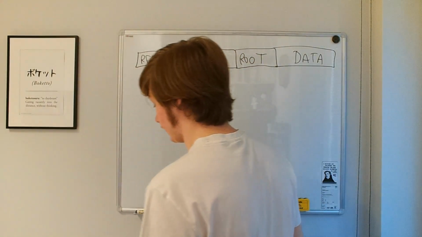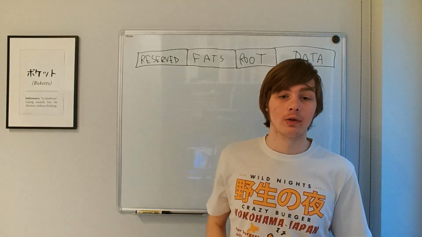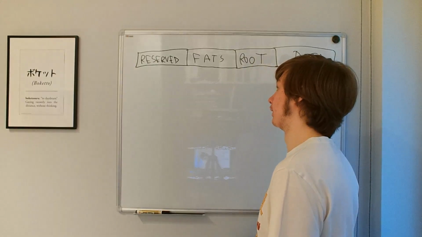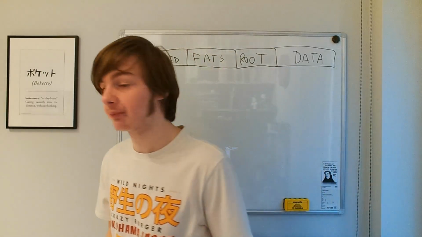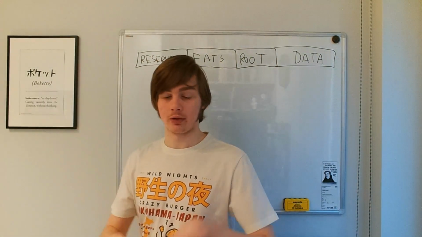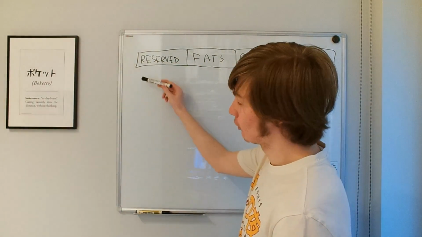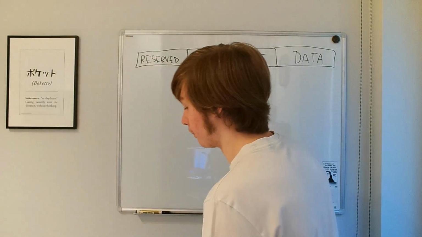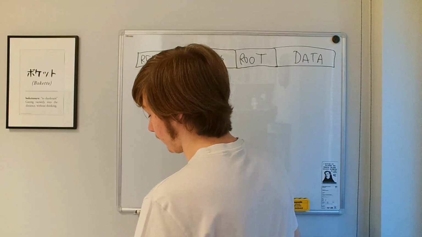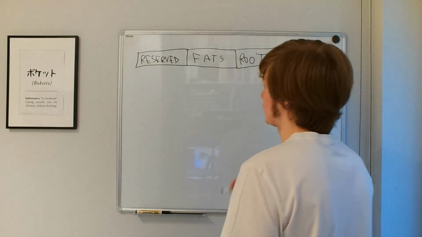In fact, one of those, not only in FAT but also in other file systems like NTFS, the New Technology File System, is something called the BIOS parameter block, or BPB. If you check the documentation of FAT, you'll see what sort of information is stored in the BIOS parameter block. A couple of useful bits of information will be, for example, a field called reserved sectors.